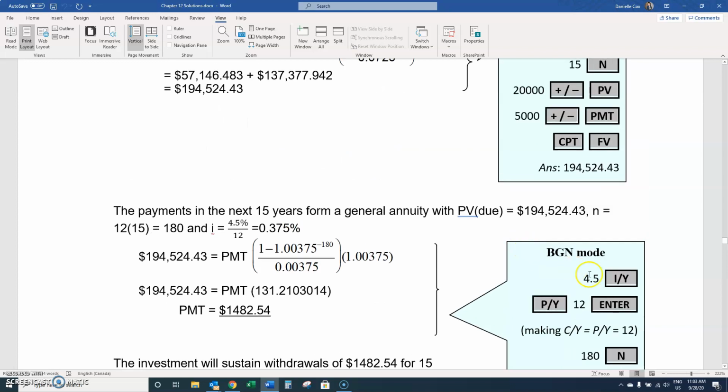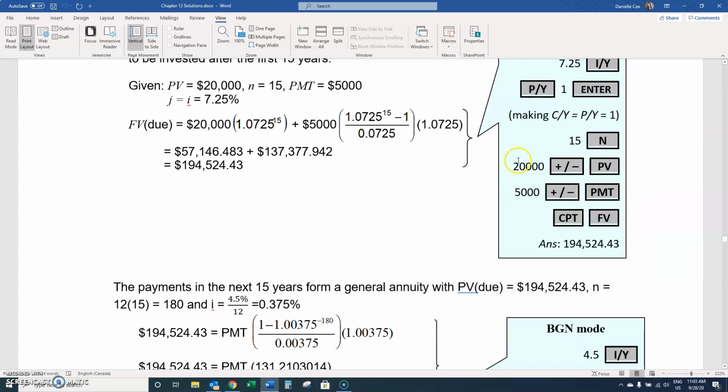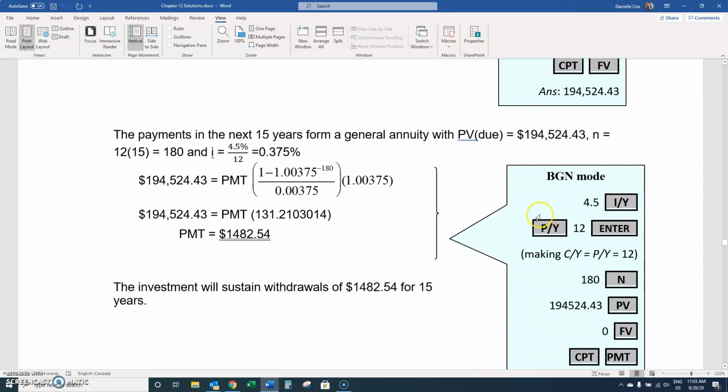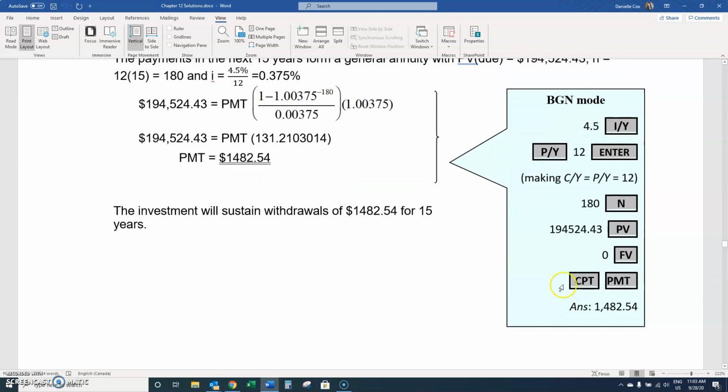Basically what we're saying is, if he invests the $20,000 that he has right now, plus makes payments of $5,000 per year for the next 15 years at this interest rate, he'll end up with this amount of money. Then at the end of the 15-year period, he can use that money to purchase an annuity that will pay him monthly payments for the next 15 years, and this is the size of the payment.